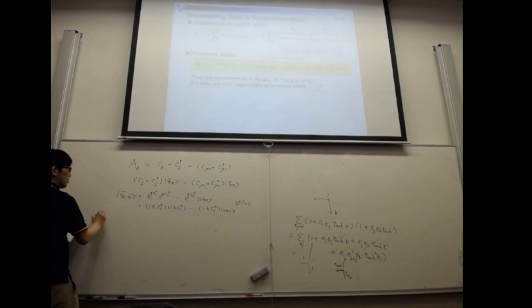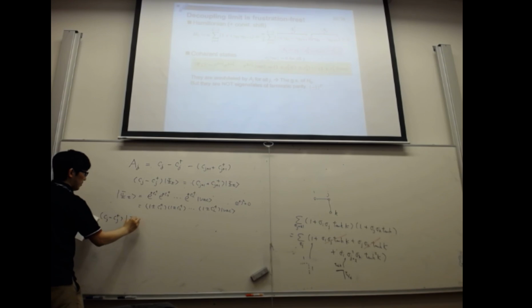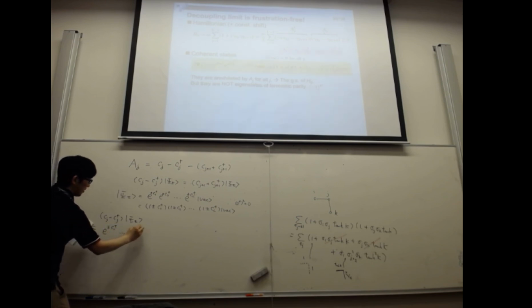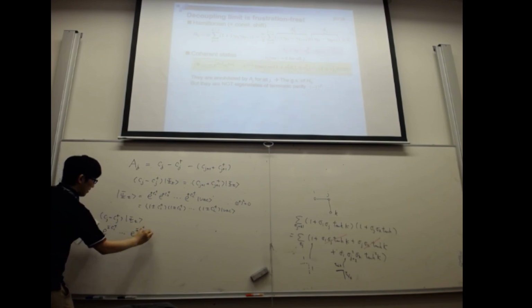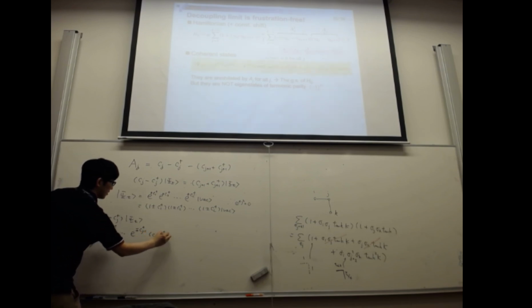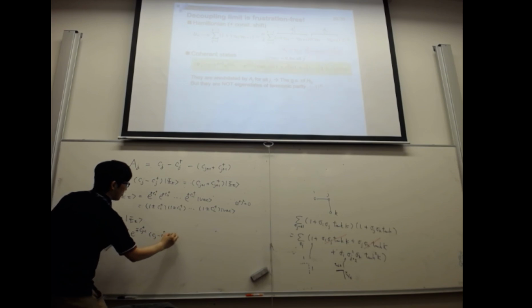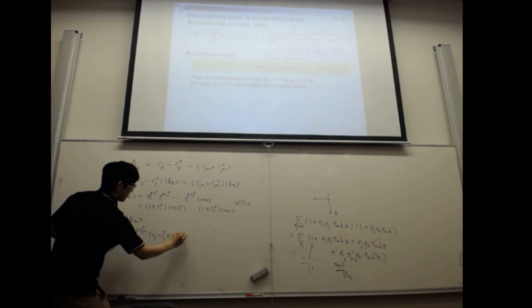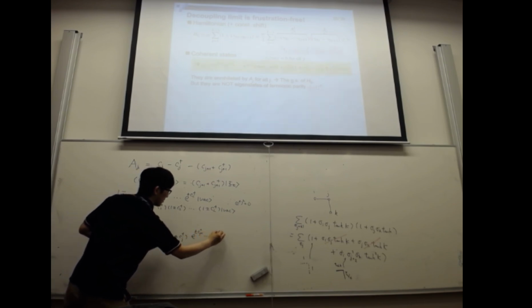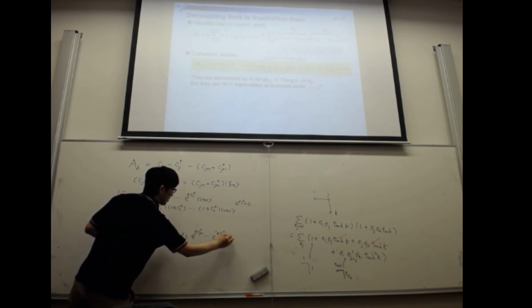If you compute this, you get minus-plus c_1 dagger, and so on, and then you have 1 plus-minus c_j dagger, and then like this.